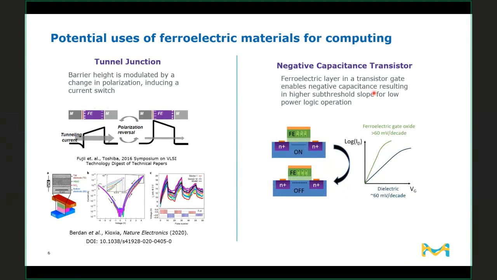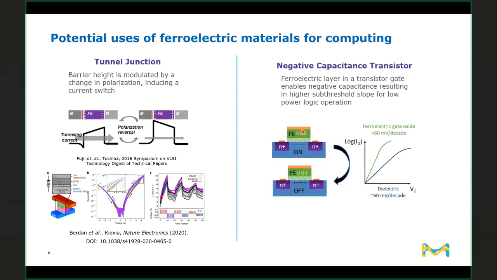These types of materials could also be useful for logic. Here we have something called a negative capacitance transistor. This looks a lot like a standard MOSFET, but in addition to the oxide that's in between the gate and the channel material, we put this ferroelectric material in place as well.